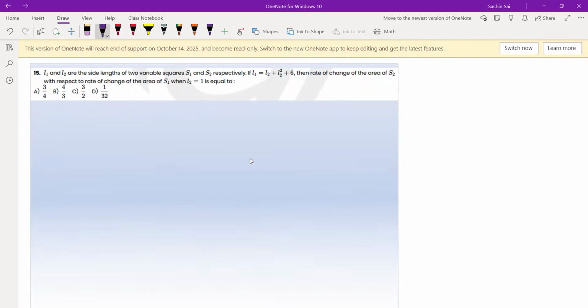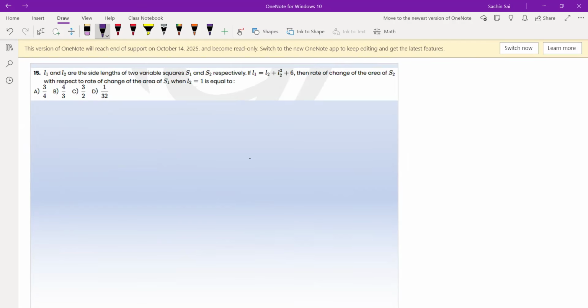Question 15. L1 and L2 are side lengths of two variable squares S1 and S2 respectively, right? The rate of change of area of S2 with respect to rate of change of area of S1 when L2 equals 1. Okay.